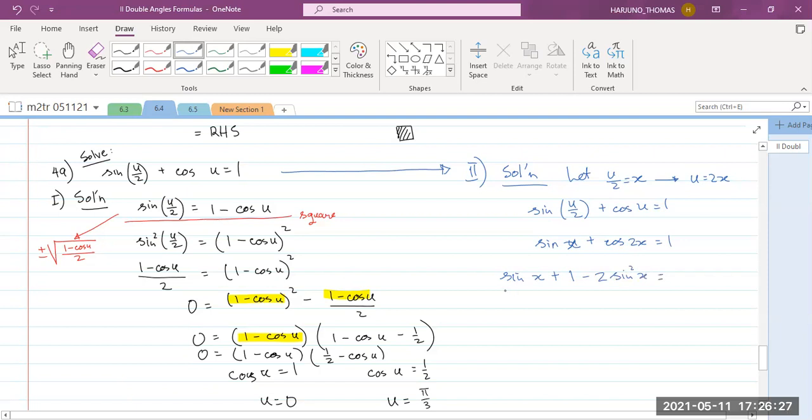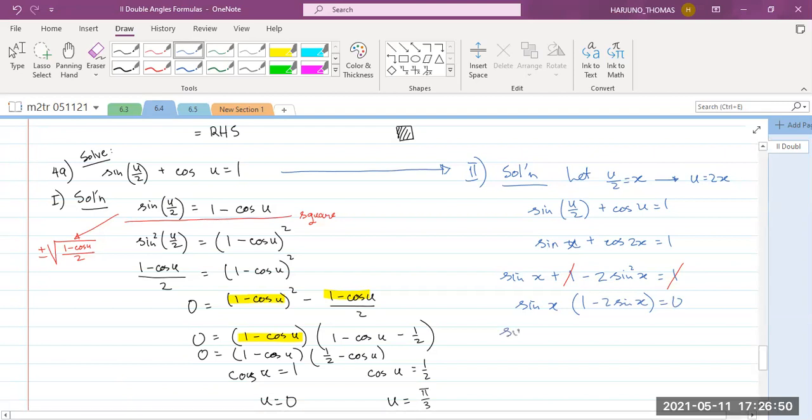Because I have sine x on the other side. So I change everything to sine. And the nice thing is the 1 cancels anyway after that. So I can factor sine x out, 1 minus 2 sine x. Notice that I don't square both sides here, so whatever answer I get will be the answer.